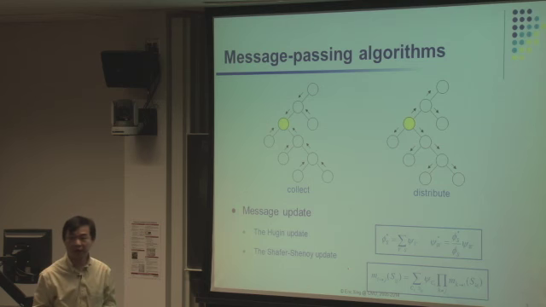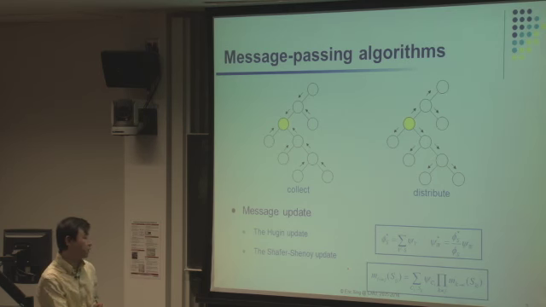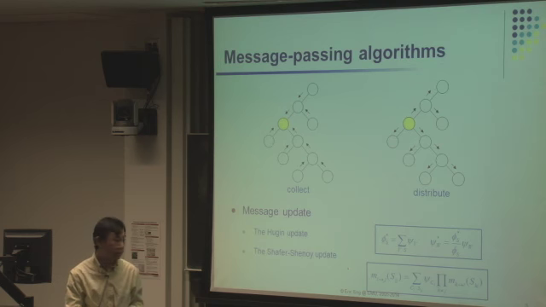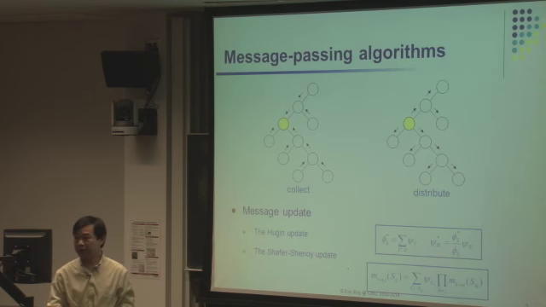Another type of update is maybe more familiar from the original propagation algorithm on a standard tree, which is known as the Shafer-Shenoy updates. Here you can see that generically every message, no matter where it comes from and where it goes to, is defined by a sum-product operation.